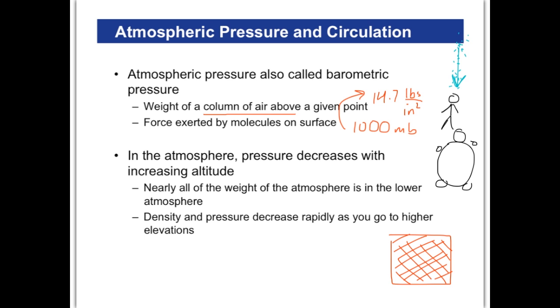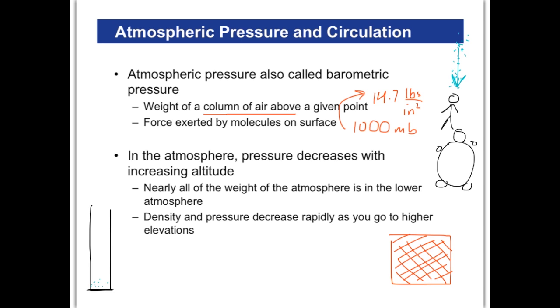So not only does the pressure decrease, but density decreases as well. Think about this for a second. Here's a column of air right here. The bottom is Earth's surface, and all that air goes up into outer space. The air at the bottom is feeling more pressure, so it's going to be squeezed together more.